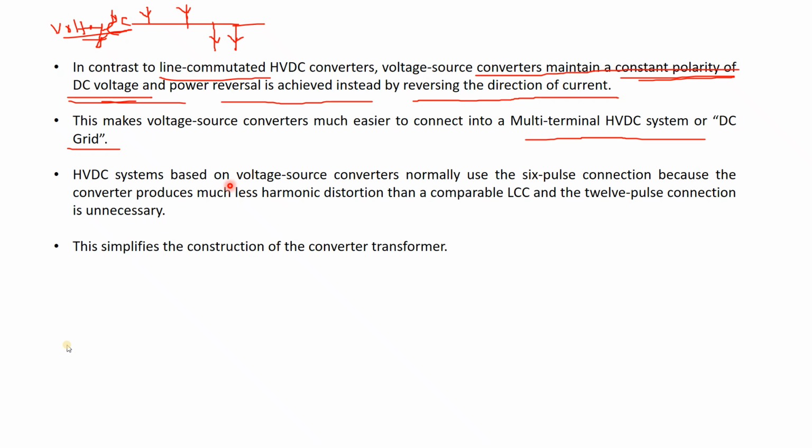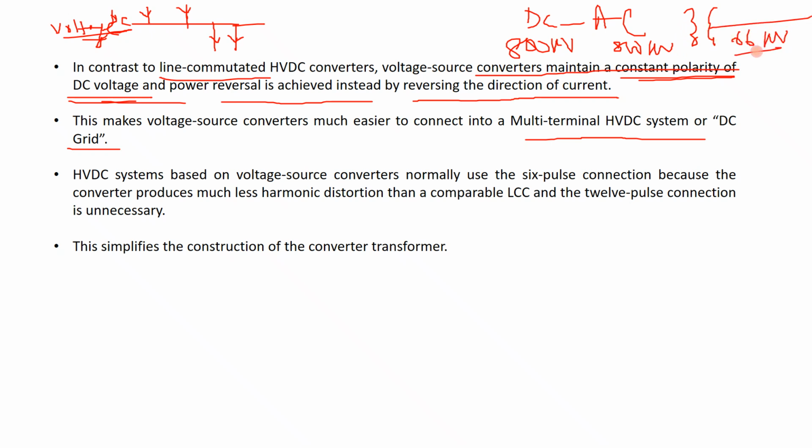So this simplifies the construction of the converter transformer. Because if you talk about the inverter side, in inverter also a converter transformer is required, isn't it? Because in HVDC the AC is rectified to DC, then DC transmission is taking place. When the DC transmission is taking place from DC to AC, the DC voltage was suppose 800 kV, the AC voltage will also be 800 kV, isn't it?